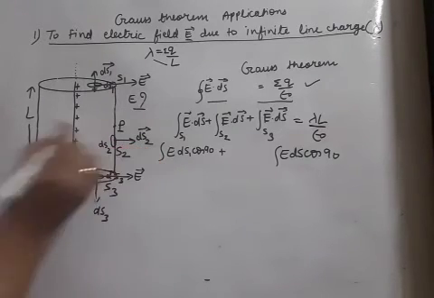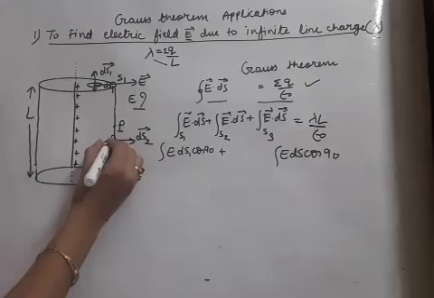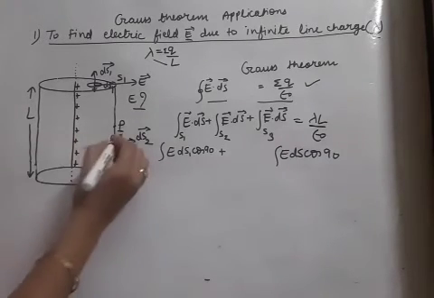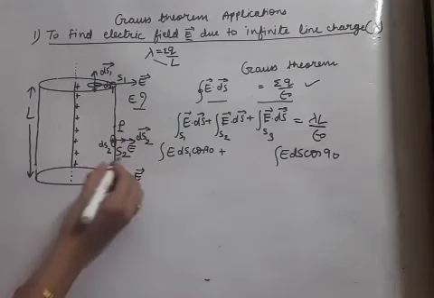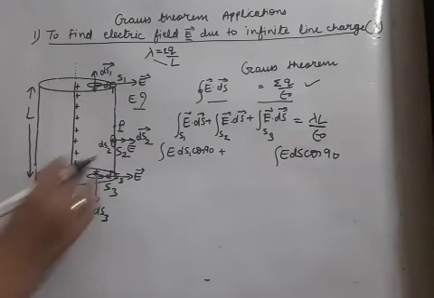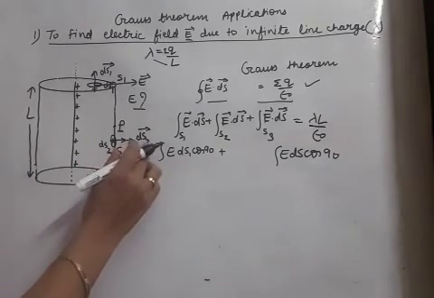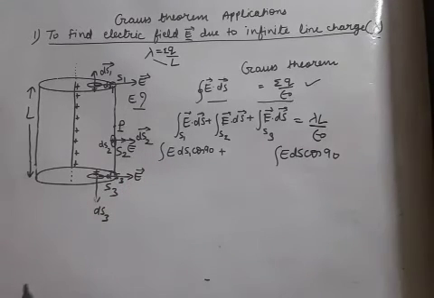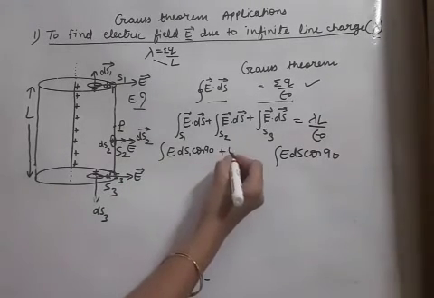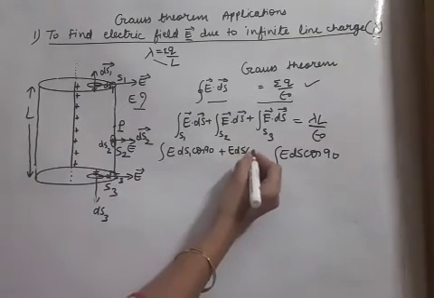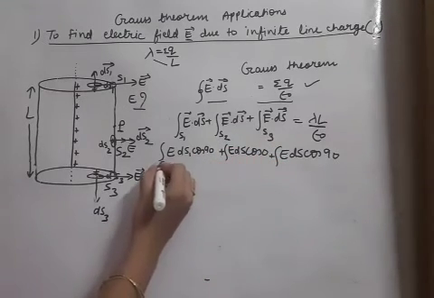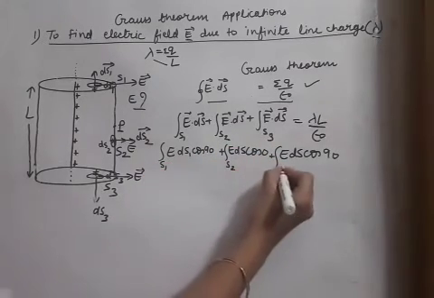Then next is the E vector. So we will keep a plus here. Where this plus will go, due to this plus, it will be repelled. So here is the change we are seeing. E and ds2 vector are in the same direction. So the angle between the two is 0 degree. So let us write it here: E ds cos 0.